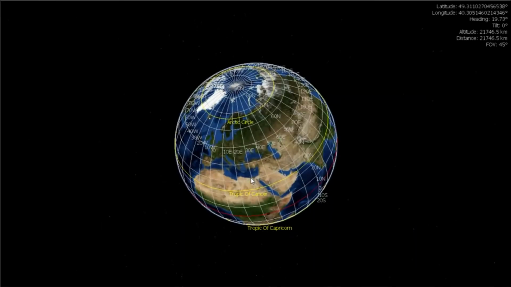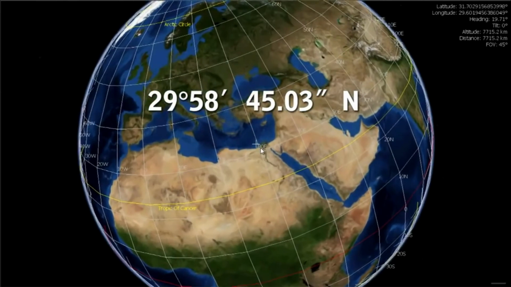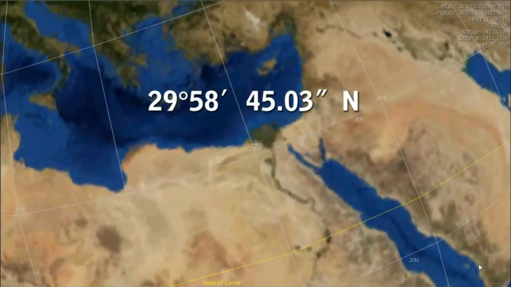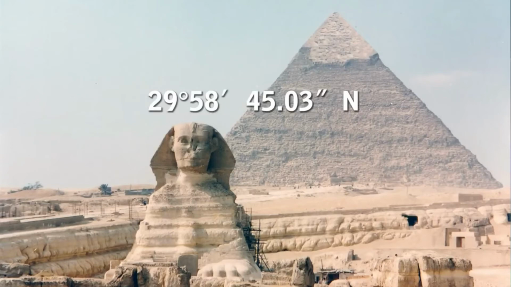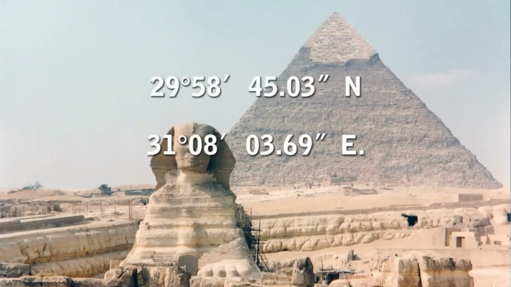Another example, the coordinates for the Pyramid of Giza are written as 29 degrees, 58 minutes, 45.03 seconds north, 31 degrees, 8 minutes, 03.69 seconds east.